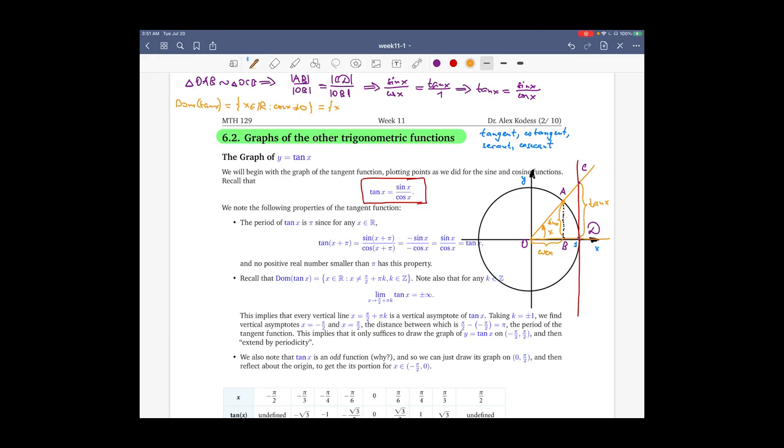Where is cosine x 0? Cosine x is 0 at 2 points on the unit circle. And we talked about this many times in the past. Both points could be described as pi over 2 plus any integer multiple of half a revolution, either this direction or that direction.